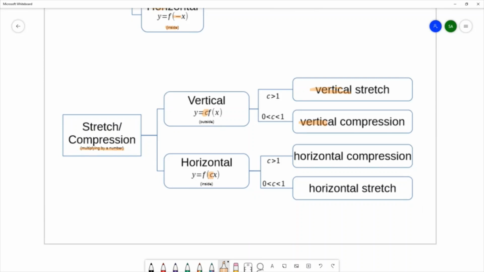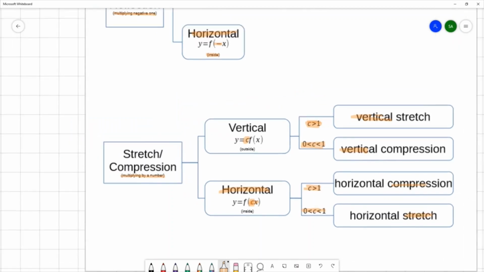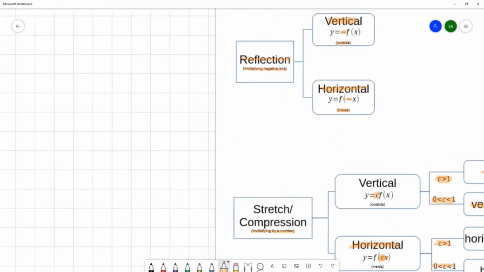It's called a stretch when the number is bigger than 1. It's called a compression when it's in between 0 and 1. If your number is multiplied on the inside, you have a horizontal stretch or compression. If the number is greater than 1, it's a compression. If it's in between 0 and 1, it's a stretch. So this is the information that we're going to use to decide what type of transformations are occurring for our example.